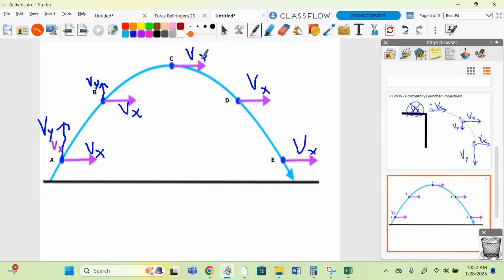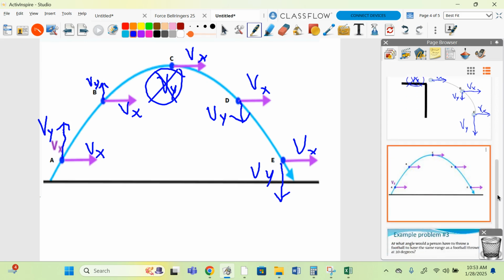Up here, there is no Vy because it's going to keep traveling up until it runs out of speed. Then it's going to come back down again. And if it's at the same height, this vertical velocity piece is going to be the same. Same thing down here, Vy. The lower it is, the faster it goes. But horizontal motion is constant the whole time.